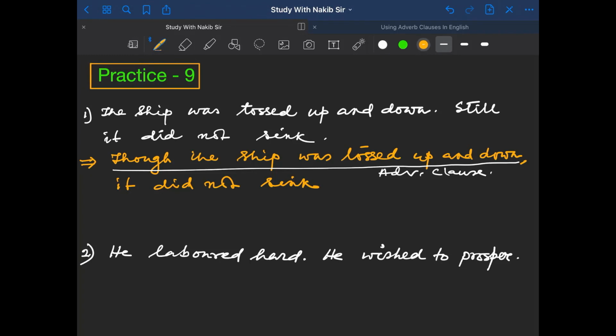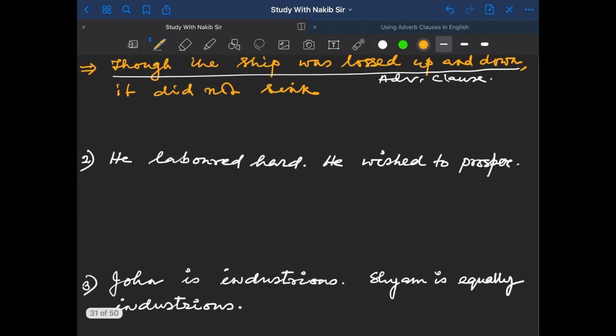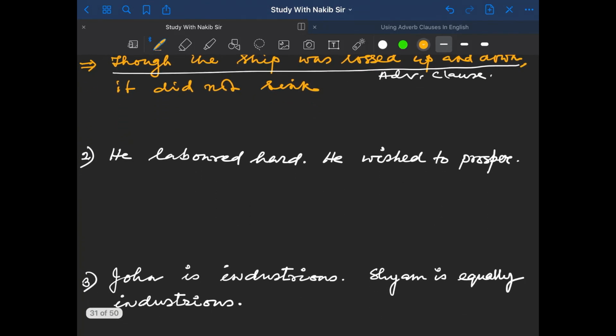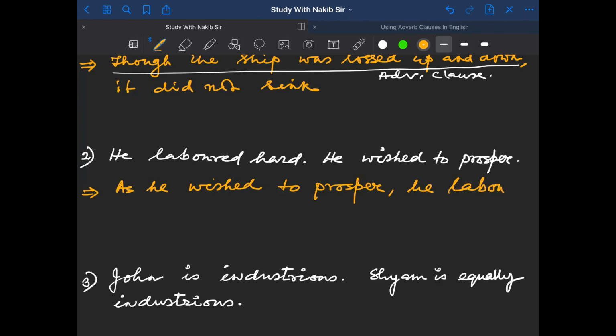Now number 2. He labored hard because he wished to prosper. This is cause. So you may write this way, as he wished to prosper, comma, he labored hard. Again I repeat, I want to tell you.